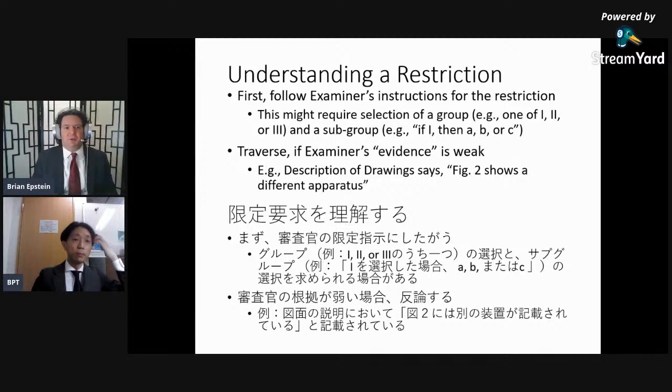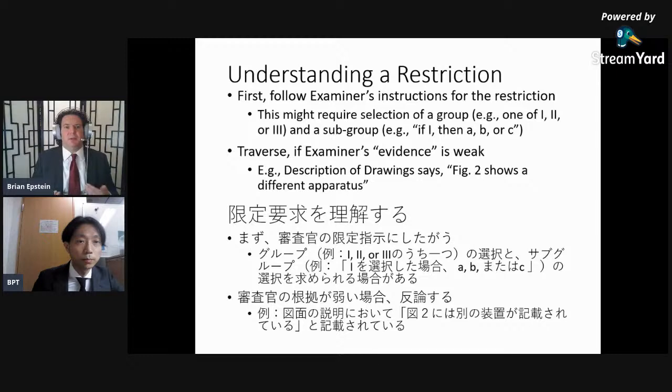So how do we respond to a restriction? The first thing, of course, is to follow the examiner's instructions for your restriction. In particular, this might require some sort of selection of a group. For example, if your specification discloses 3 different embodiments, each one might correspond to a different group: Roman numeral 1, Roman numeral 2, Roman numeral 3.